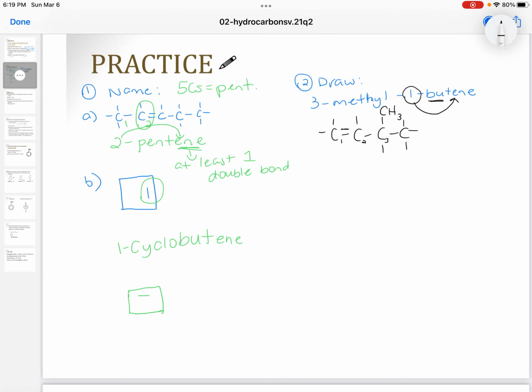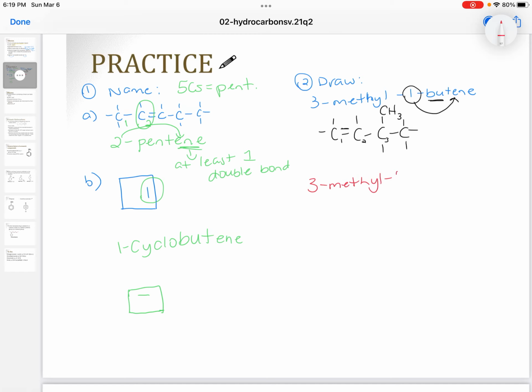Okay, so once you start having different endings, then there is another way you can write these. So you might see it written like this. So 3-methyl. And then what people will do, and in a second when we do alkynes, I'm going to show you that there are cases where you have to do this.